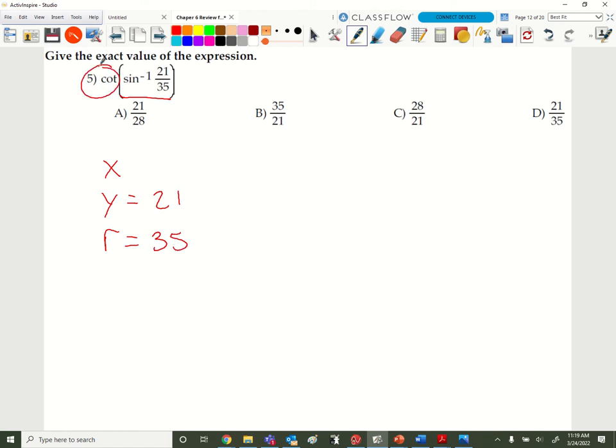So I'm going to be looking for x over y. So I need to solve for x. So it's x squared plus 21 squared equals 35 squared. So x squared plus, I don't know, it's like 441? I don't know. So 441.